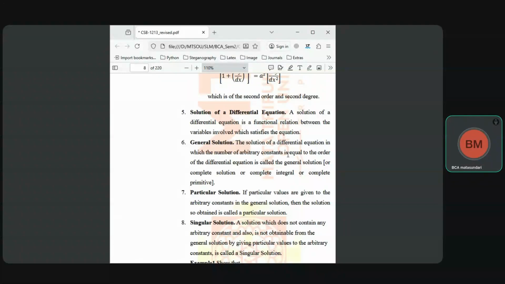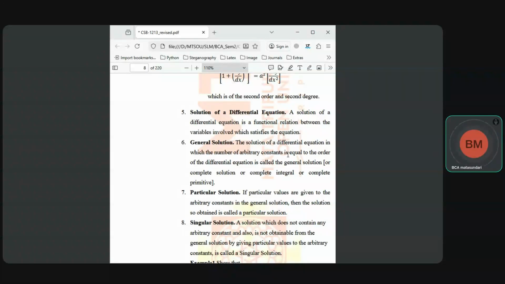The solution of a differential equation in which the number of arbitrary constants is equal to the order of the differential equation is called the general solution, or complete solution, or complete integral, or complete primitive.